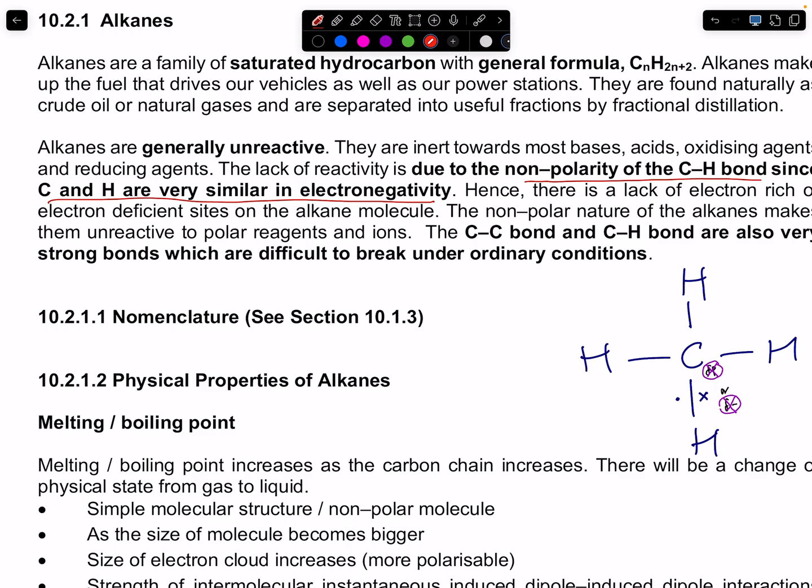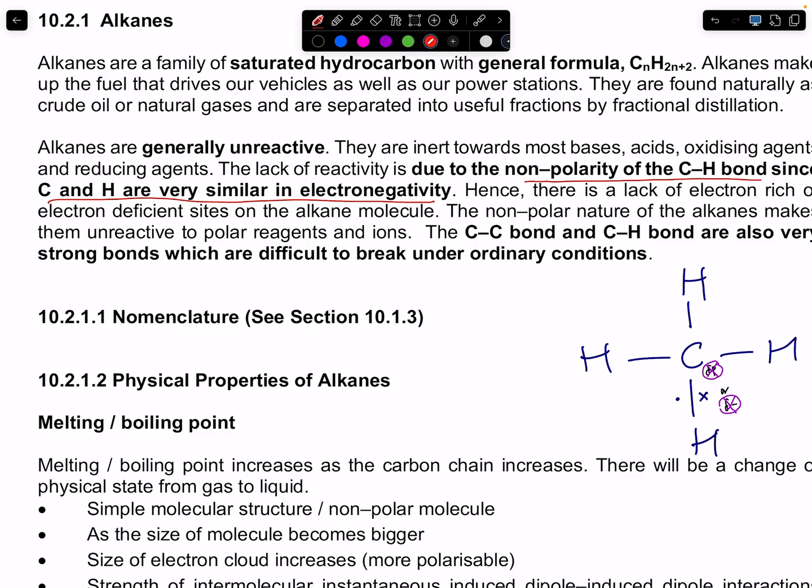Clear? And because they are very, very difficult to break, it makes them unreactive. Now, if you go to your data booklet, guys, the CH bond has a bond energy of 413 kilojoules. UV light can't really break these CH bonds. They need additional help from heat, for example.